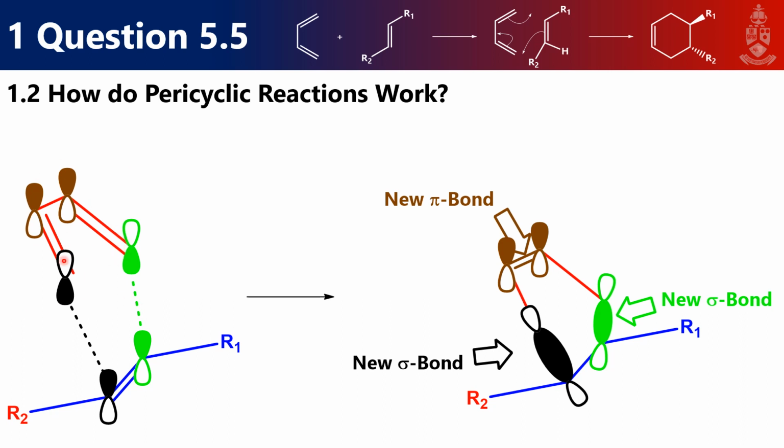So you can have all of them in phase, for example, or in phase, out of phase, in phase, or in phase, out of phase, depending on your HOMO-LUMO. You can use your calculations to guide you as to which ones are the HOMO and which ones are the LUMOs. So look at both HOMO and LUMOs for both molecules. That's what I'm saying. Okay. And then you draw them in perspective, and then you see where the bond comes in.